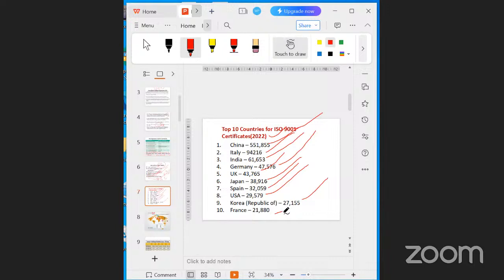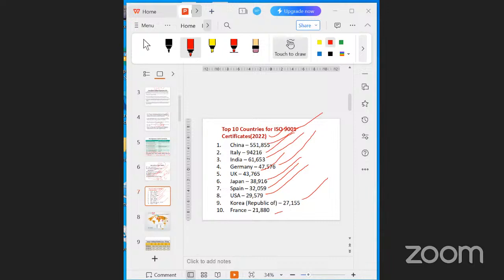So these are the top countries getting ISO 9001 certificates, right? So ISO survey 2022, ISO 9001 and ISO 14001 certifications around the world. See which countries have the most ISO 9001 certificates, right?